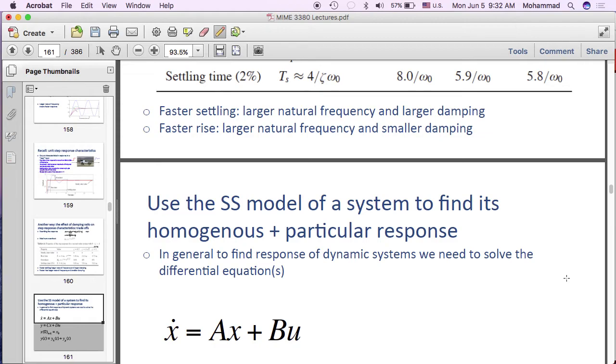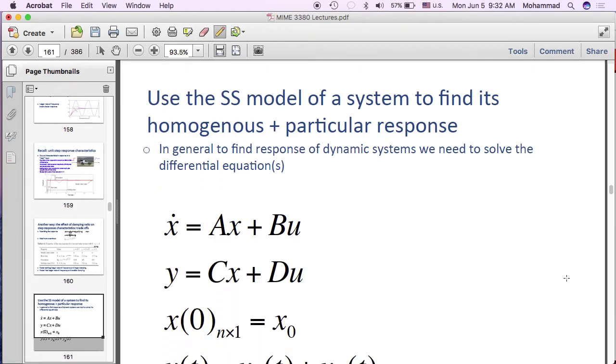Okay, so the last topic that would appear on the exam is the topic of finding complete response from a state space model. So we already talked about finding response from differential equations and from transfer functions.